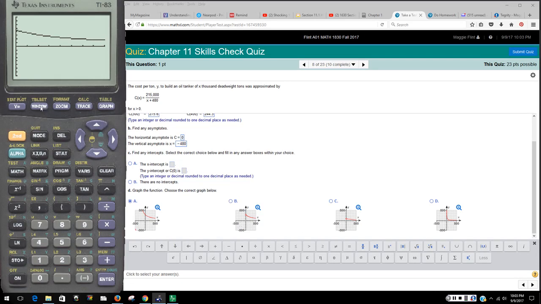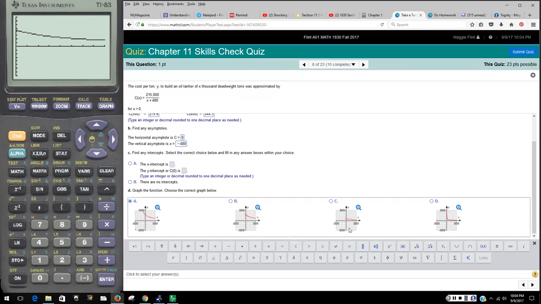But if I'm letting my window go from 0 to 800 and comparing the first quadrant of these graphs, the one that looks the most like these graphs, and this one is not it either because there is no hole at 0, and it wasn't A because we can't have any part of the graph showing up left of the x-axis or the y-axis.